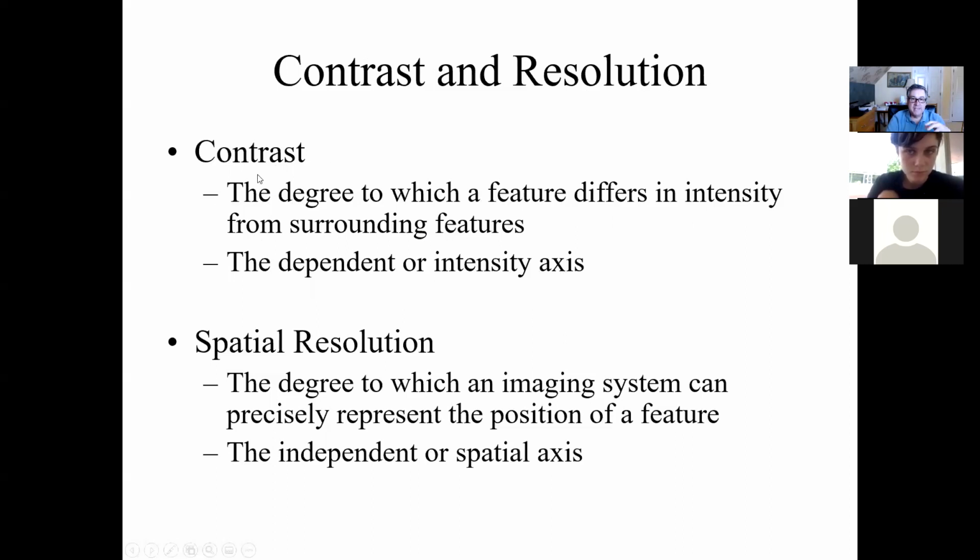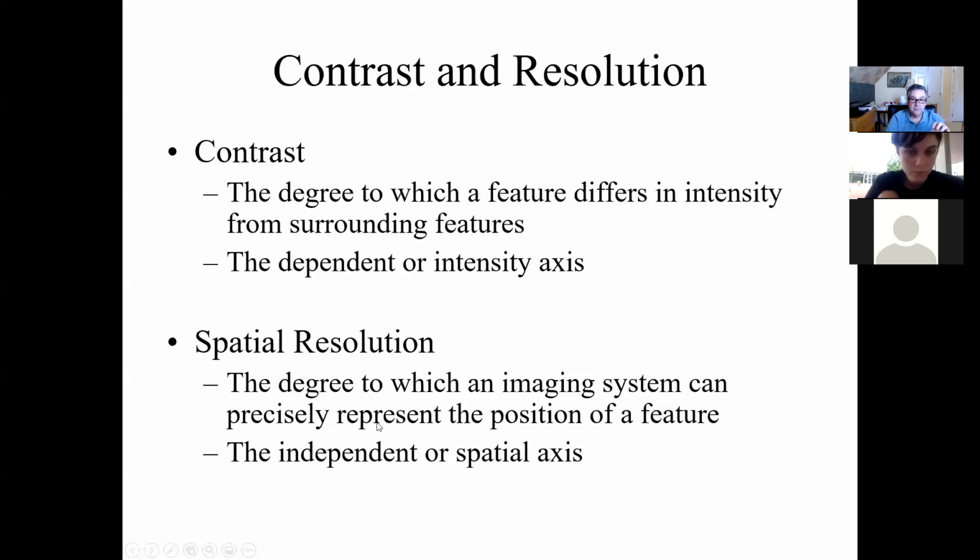And we need that to be good, whatever we define good as, in order to be able to see things. It also has to have what we're going to refer to as spatial resolution. In other words, the precision with which it represents the position of a feature, or I should say not just position, but shape, detail, etc. Basically all of the things that accurately represent that feature, and that refers to sensitivity along the spatial axes.